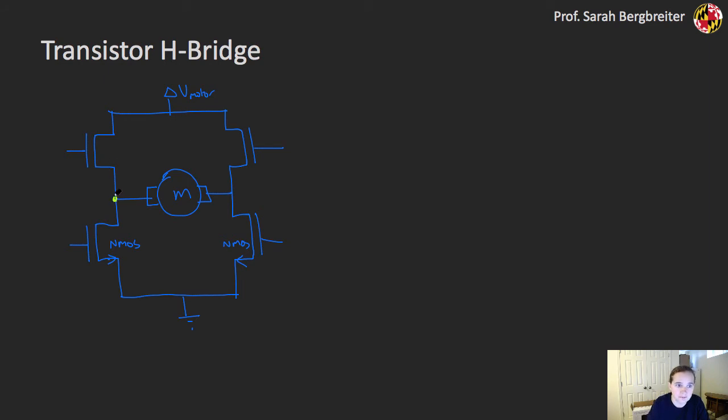What's a little more complex are these top transistors right here. So I'm going to re-sketch this over here, just looking at this particular transistor. This voltage down here, if that switch is closed, is going to effectively be V motor. I'm going to call this my V gate, and I have some threshold voltage associated with this MOSFET.